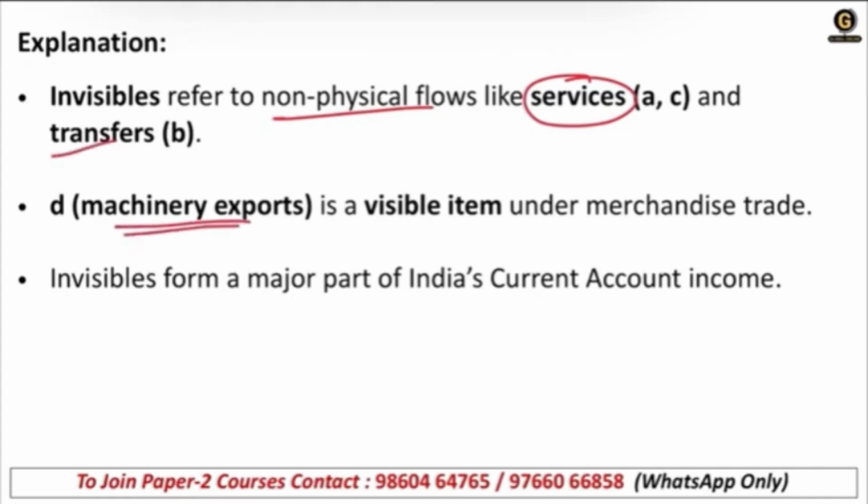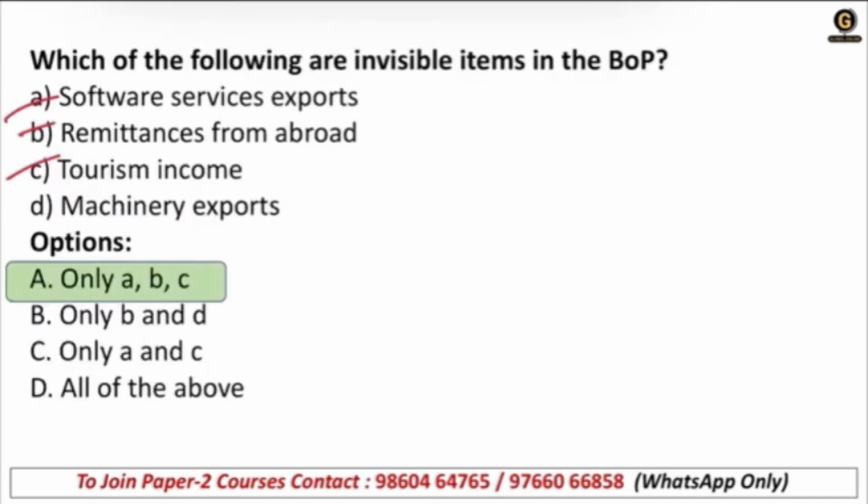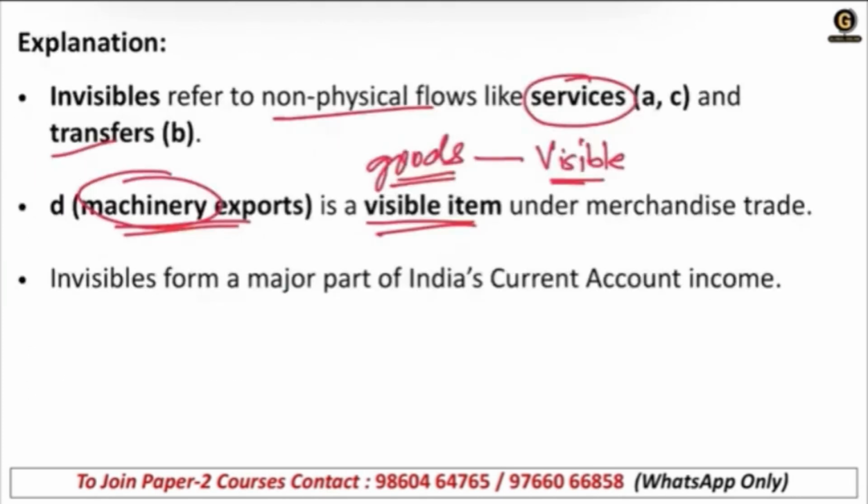D, the machinery exports, is a visible item, obviously it is a good, right? It is a kind of goods, and goods are visible, right? And the question is about invisibles, correct? That is why machinery exports are not considered in that. Invisibles form a major part of India's current account income, not the capital account.